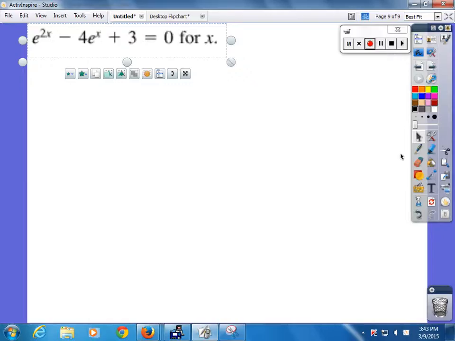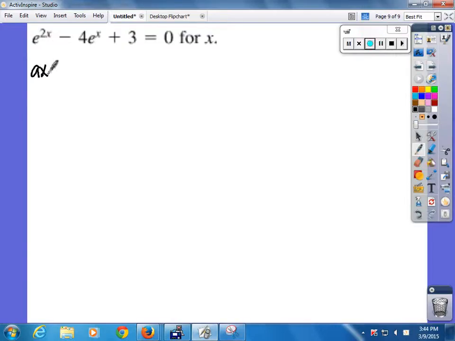Now, anytime you've got something that looks somewhat like a quadratic, which this does because of the way it's written, and I even think it said quadratic in the directions, you need to figure out the relationship with the quadratic form, not the quadratic formula. Quadratic form, which is ax squared plus bx plus c is equal to 0.